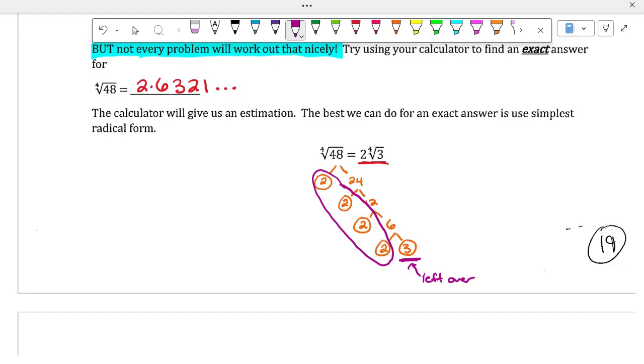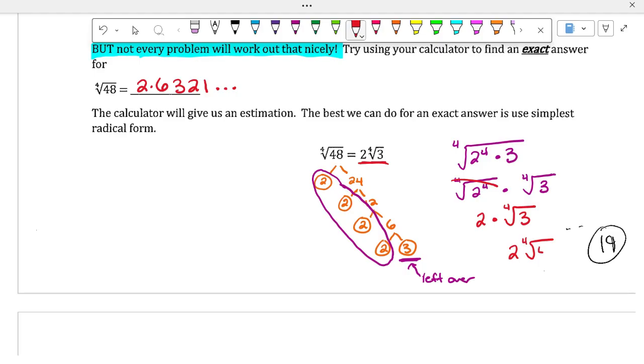If we go back under the radical, how can I rewrite 2 times itself 4 times? 2 to the 4th, and it's still times 3. All right. If I separate this, this will be the 4th root of 2 to the 4th, and then the 4th root of 3. I'm just breaking up the radical. What's the 4th root of 2 to the 4th? 2. Times, we can't take a 4th root of 3, so that's left over. So that's how we get 2 fourth root of 3.